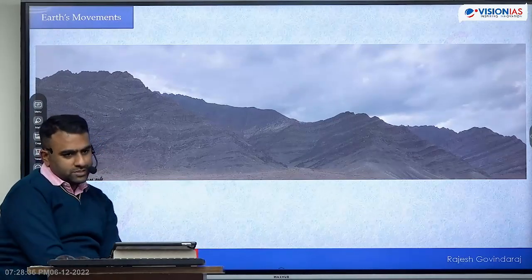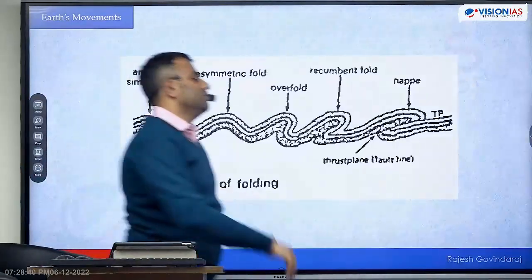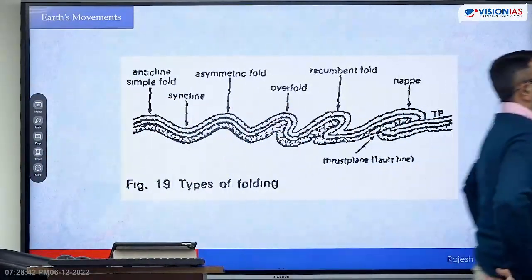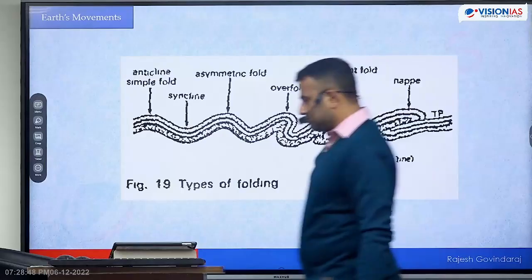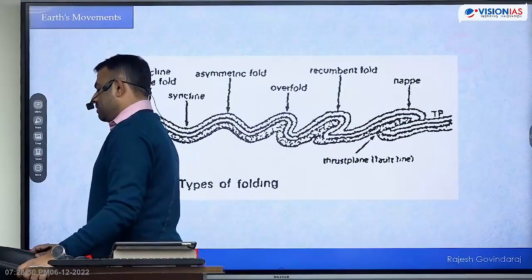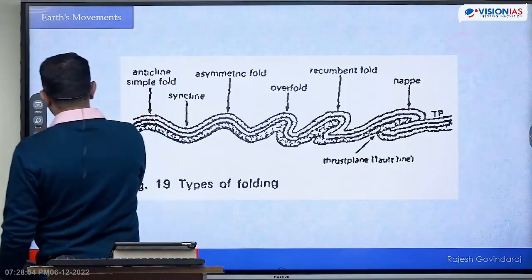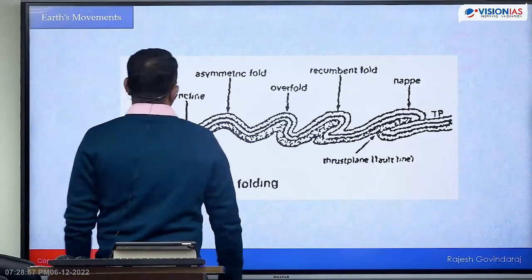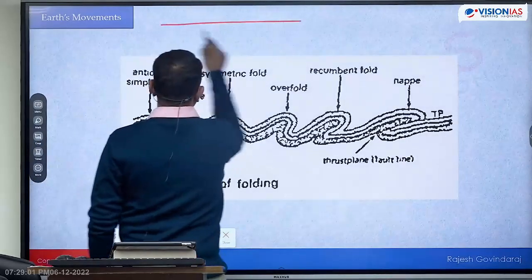Types of folds. Let's discuss the different types of folds. Whenever a rock layer is folded, look, the original rock layer was like this.